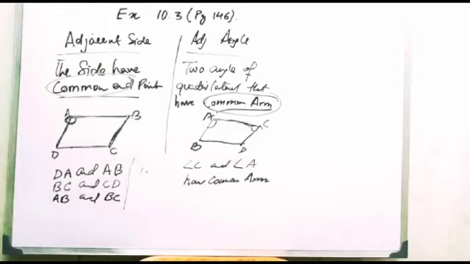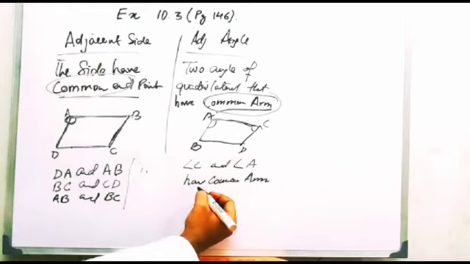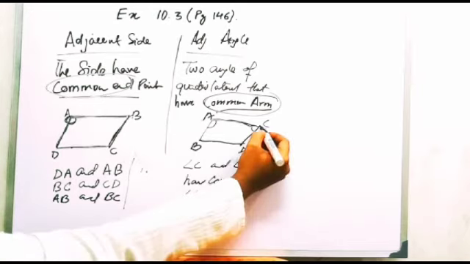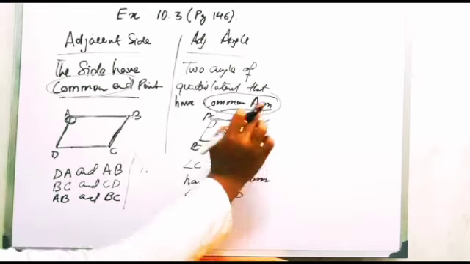Here is more adjacent angle like this. Angle C and angle D. Again this line is sharing same common arm.